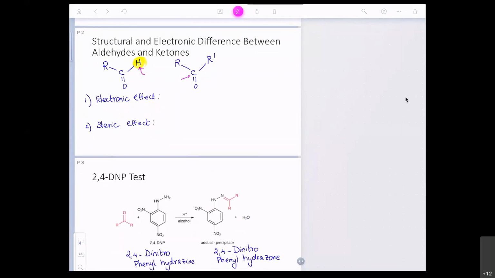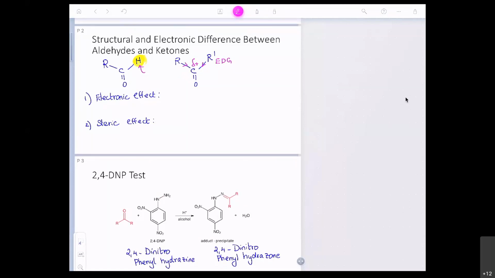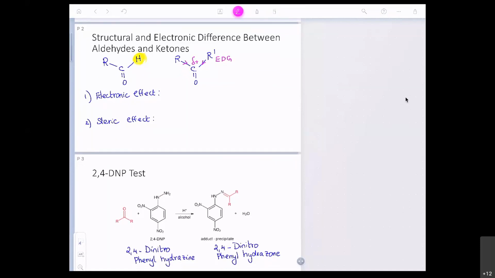The electronic effect is that alkyl groups are typically electron donating groups. You could very well have electron withdrawing groups. I'm not saying the R groups always have to be electron donating, but assuming they're electron donating, it's going to reduce the delta plus on the carbonyl carbon. Whereas the hydrogen does not have any electrons to donate, so it is not an electron donating group.